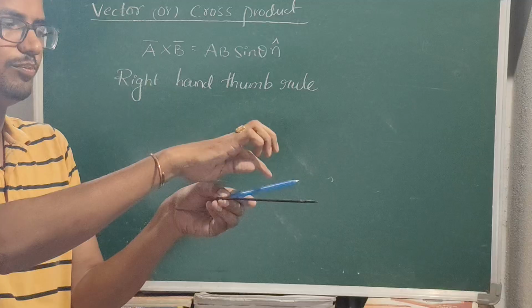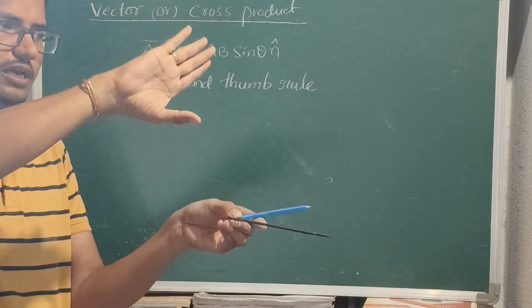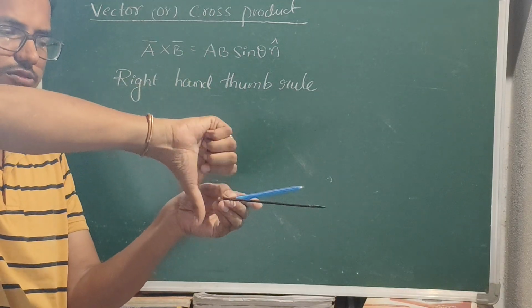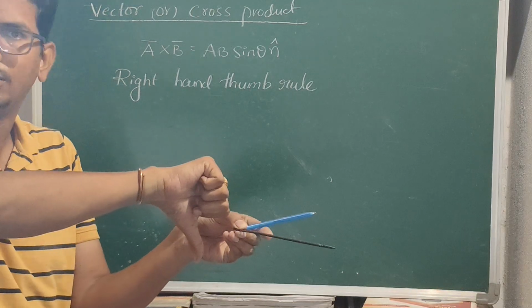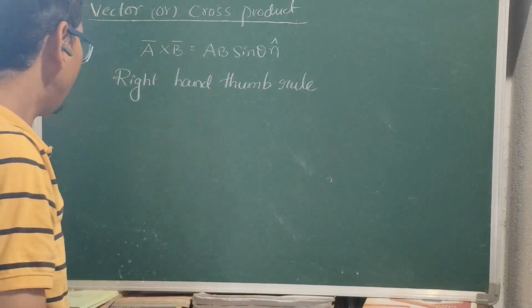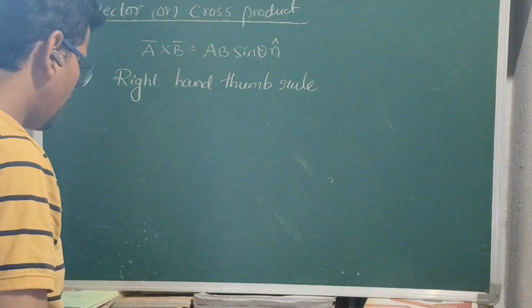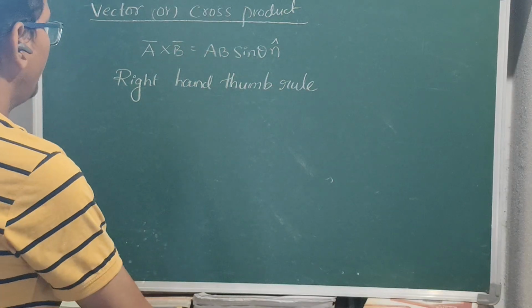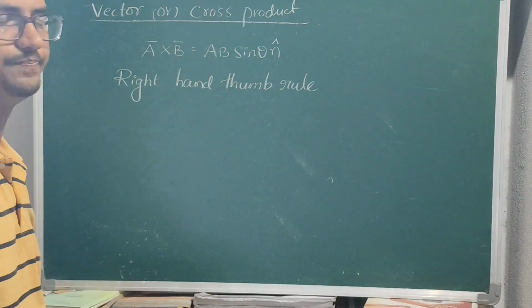Otherwise, from B bar to A bar, the thumb shows the downward direction. It shows the direction because it is a vector or cross product. That's why we need to use the direction also.